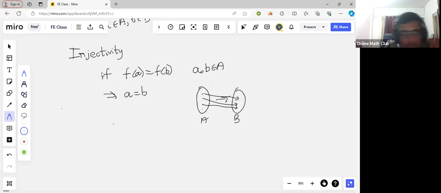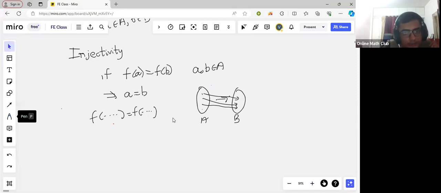All of these are different. This is quite useful because if in the equation we have something like f of something equal to f of something, we can just ignore that and we can get something useful out of it.